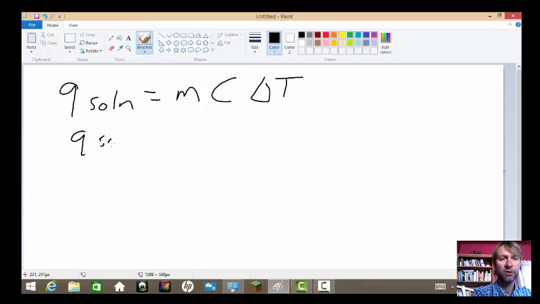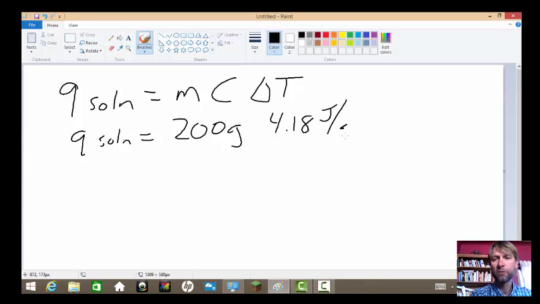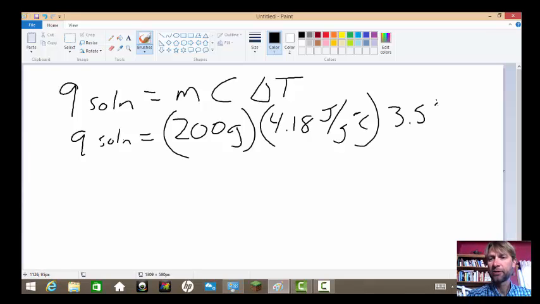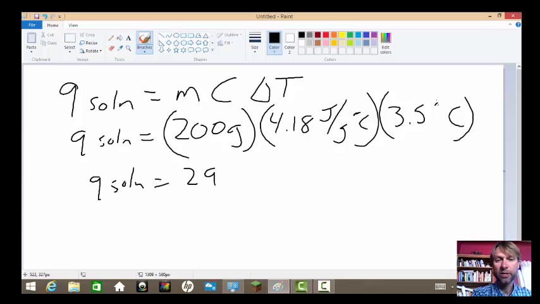So Q of solution equals 200 grams times 4.18 joule per gram per degree C, and the temperature change was 3.5 degrees C. And so when we multiply all that together, we get 2926 joules.